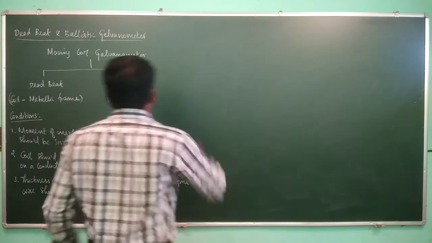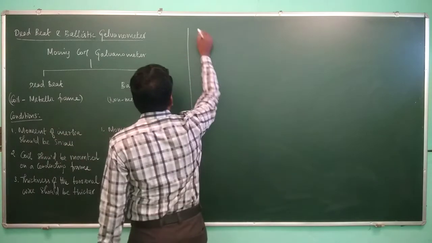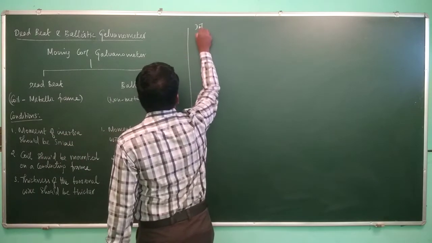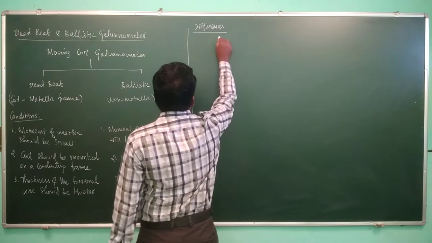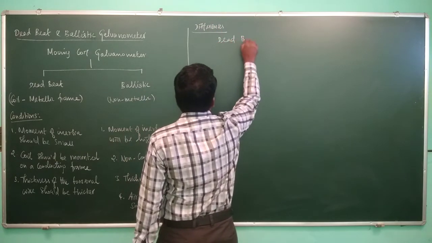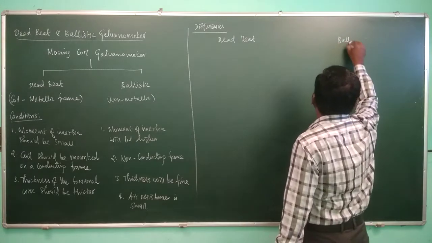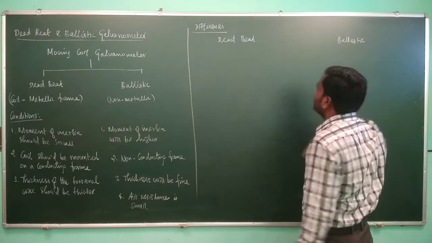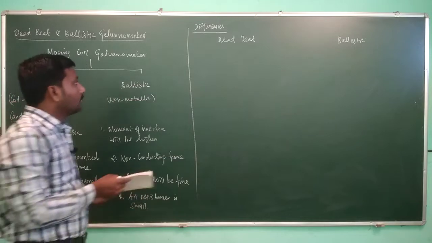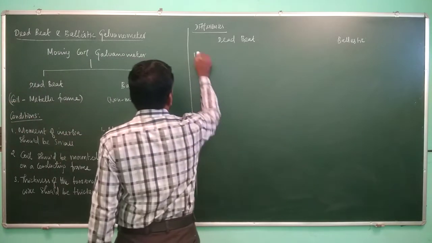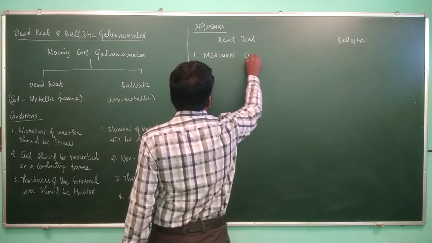Fine. What are the differences between deadbeat galvanometer and ballistic galvanometer? In deadbeat galvanometer we measure the current.